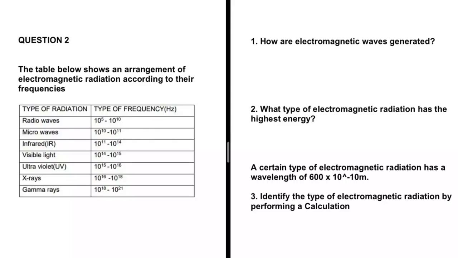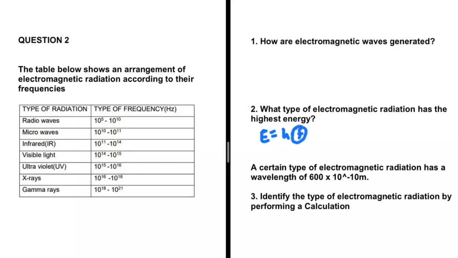The second question: what type of electromagnetic radiation has the highest energy? We know that energy is equal to Planck's constant multiplied by the frequency. So the higher the frequency, the higher the energy.